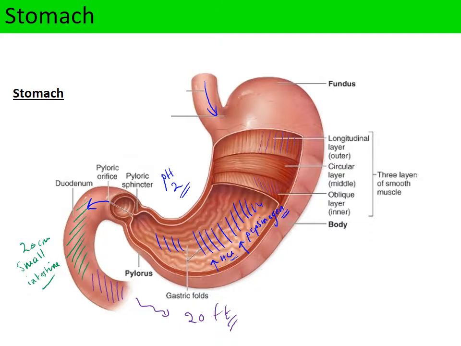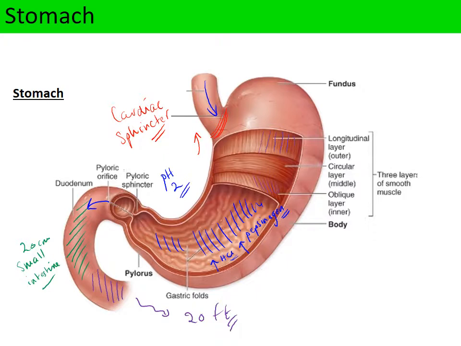Now, we can actually just briefly talk again about the sphincters here. So we know this one here is going to be the cardiac sphincter, and that controls the movement of the bolus of food from the esophagus down to the stomach. It also closes to prevent any backflow of acid, or it prevents acid reflux back up the esophagus.